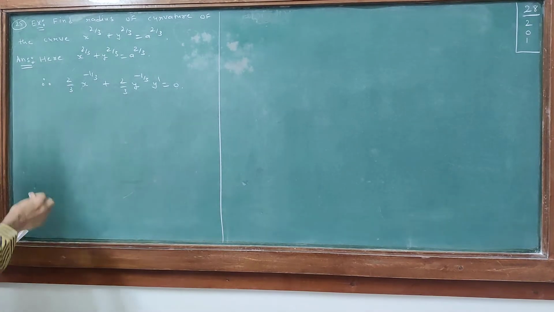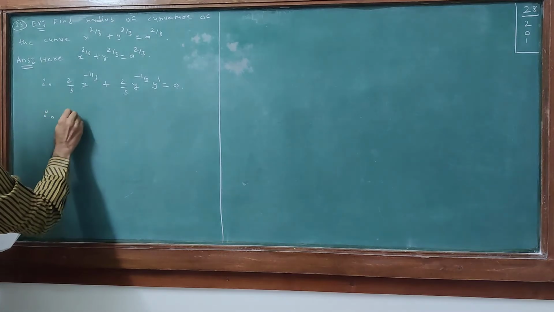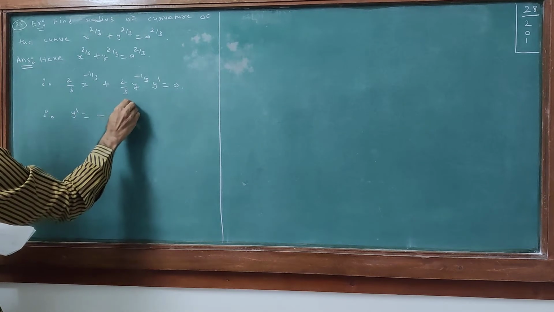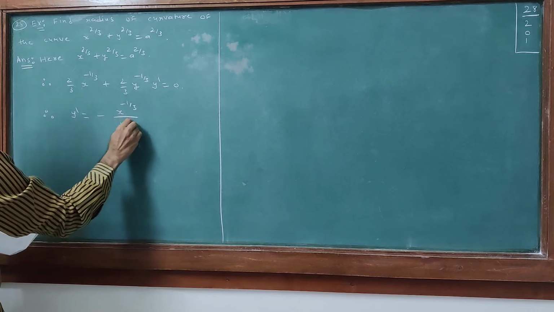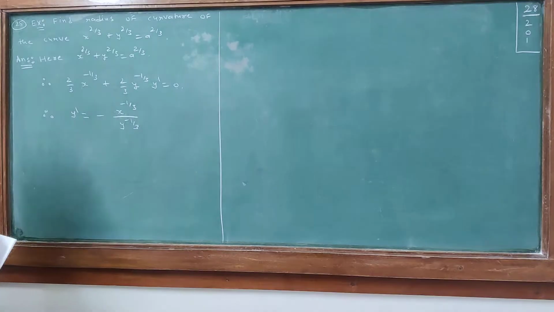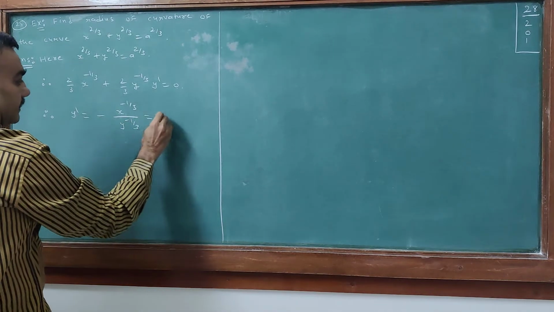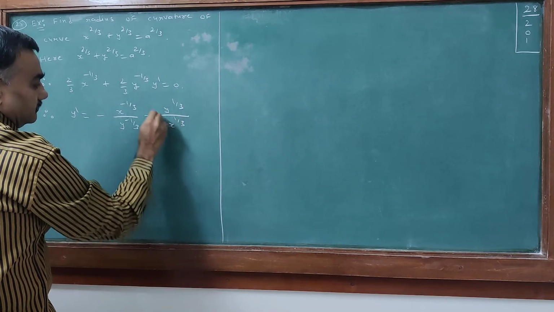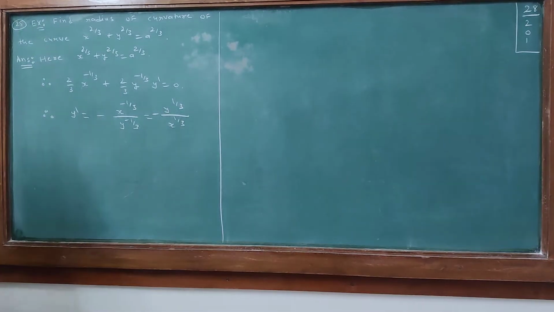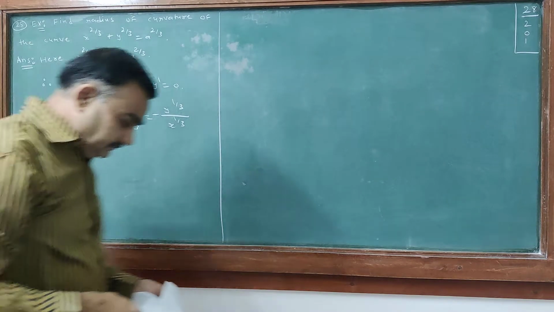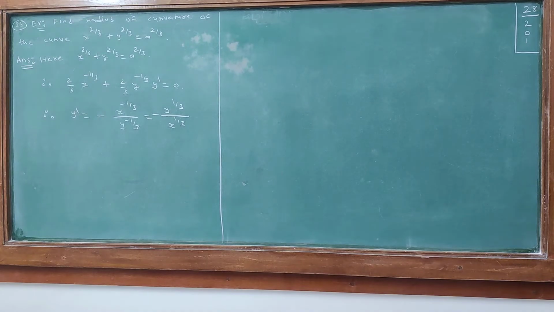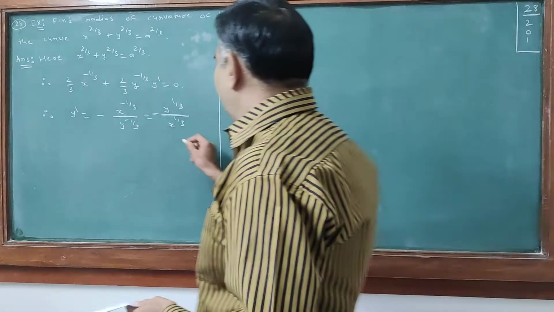So we have value for y dash. 2 by 3 will be cancelled out. So this is the value, and we can write it like this. So this is equation number 1.